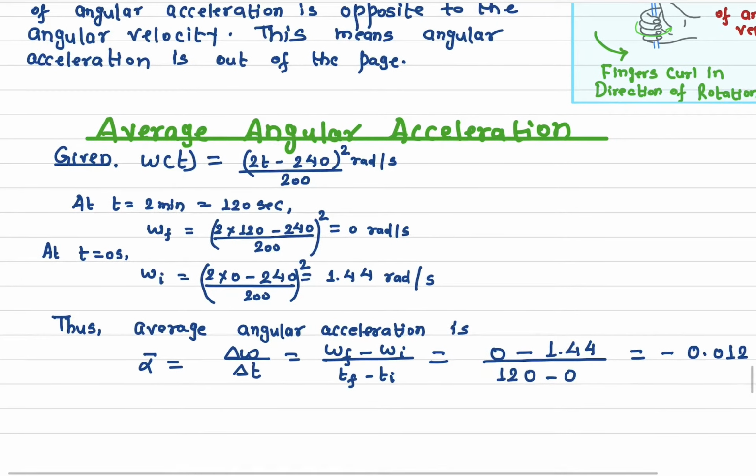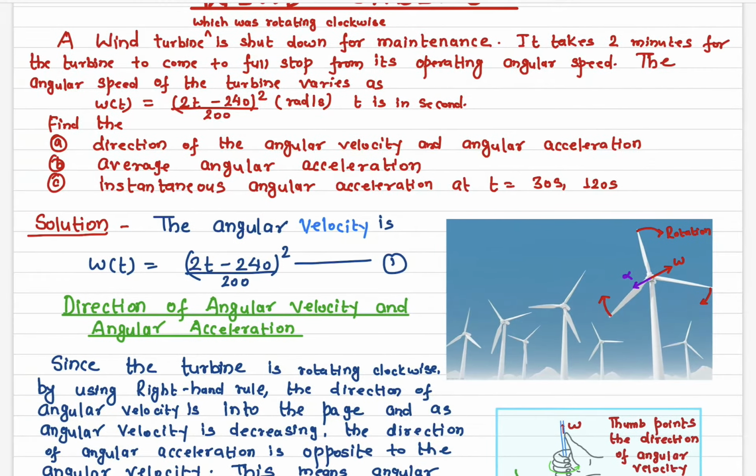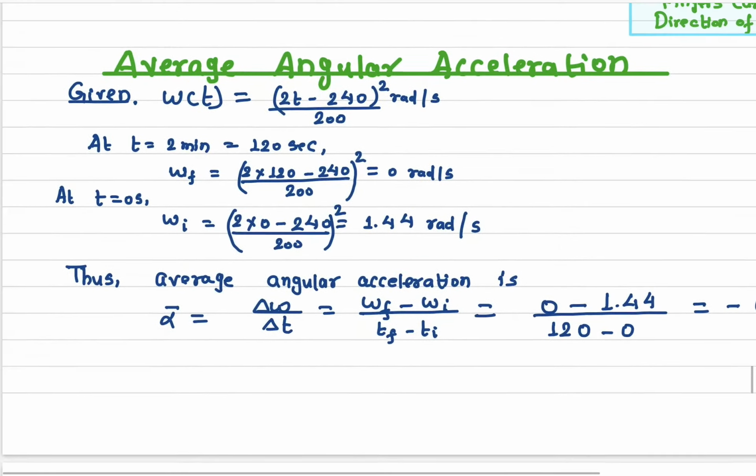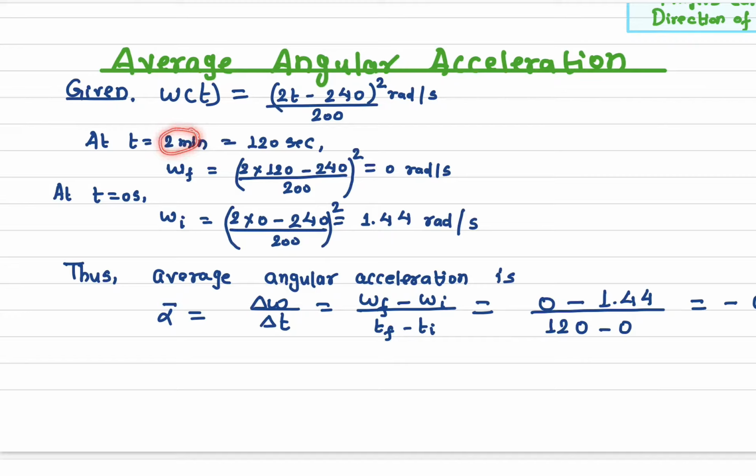This is the angular speed expression, and it has come to a stop at time equals 120 seconds. That's what is given here. It takes 2 minutes for the turbine to come to a full stop. So if I place 2 minutes, which corresponds to 120 seconds, into this equation, I get 0 radians per second, which makes sense because the turbine has finally come to a stop.